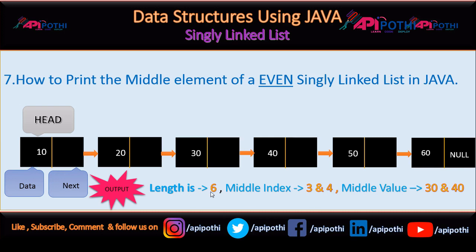To find the middle index of any even thing, this is a mathematical thing, not from data structures. If you want to get the middle index of an even count, then the middle index will always be 2. Suppose you have 6 things.